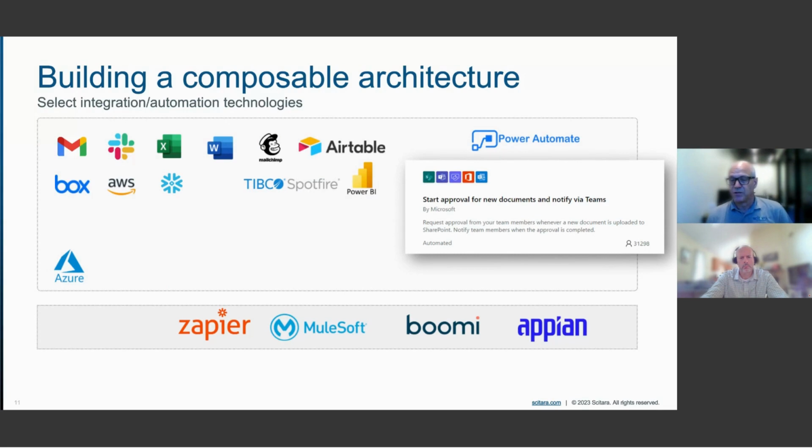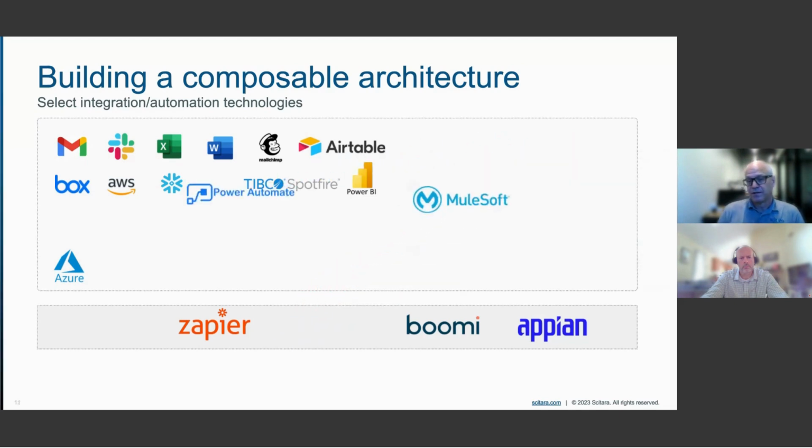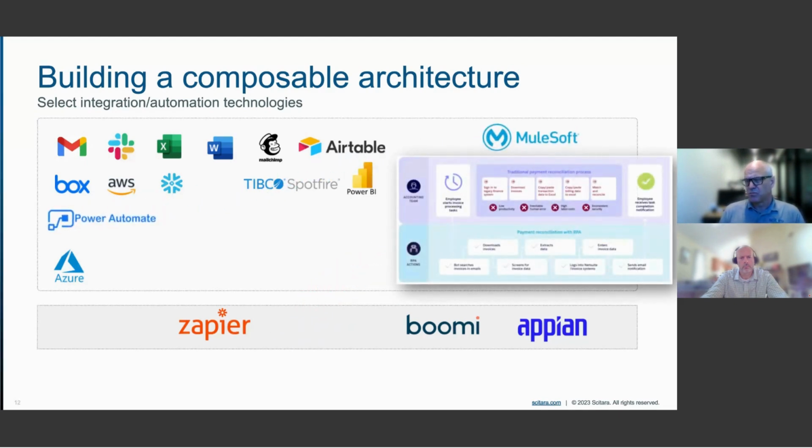When you see this one, you can start an approval for new documents by notifying via Teams. These are things that allow users without much training to go in and create these automations in a visual format. A technology like MuleSoft is more of an enterprise-scale iPaaS where you can create corporate processes, again by stitching together all of these individual services.